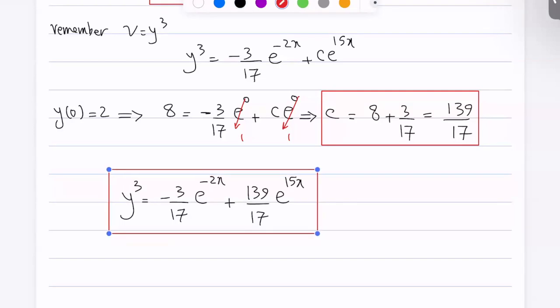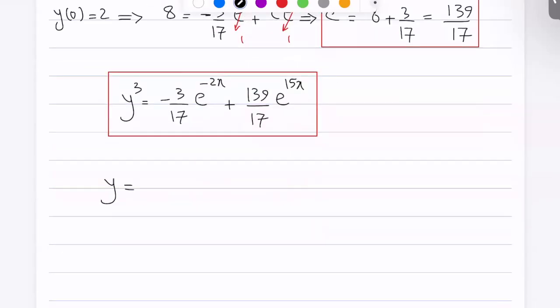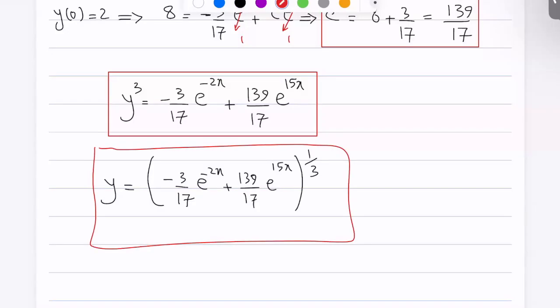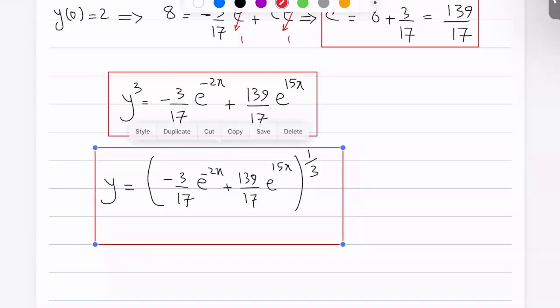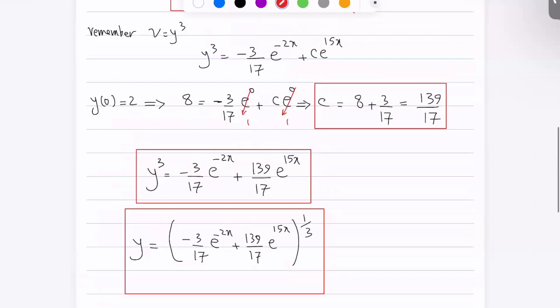And again, as I mentioned, you can also say that y is this whole thing to the power of 1/3. And we are done. So we found the unknown function y in terms of x using the substitution method.